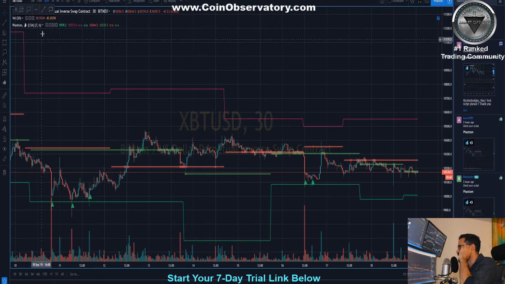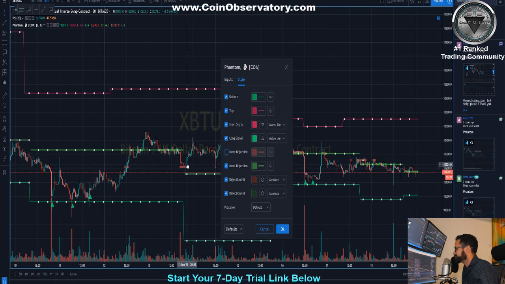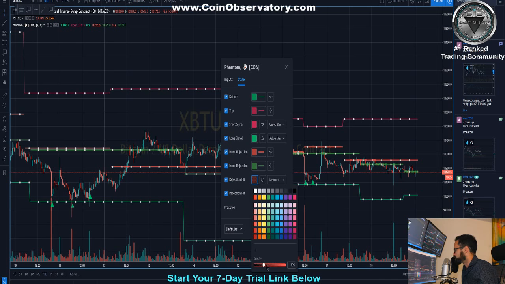It wasn't that I added it. It was turned off, and I was like, I know there's a line because I'm seeing the signal. And once you actually open up the Phantom, the gearbox, you got your bottom and your top, and then short signal, long signal. Your inner rejections are the midlines. And you can even make your midline signals stronger, or change their colors. You can really play around with them and treat them however you want, to make it more legible for you.